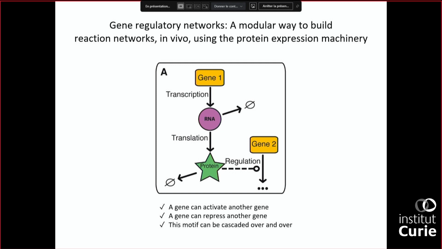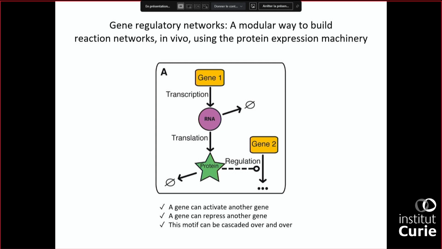It is relatively easy to understand that binding on the gene or very close to the start of the gene will inhibit transcription, because it will limit the access of the gene to the machinery required for transcription, the polymerase. So this would be a negative regulation, but you also have many examples of positive regulation.